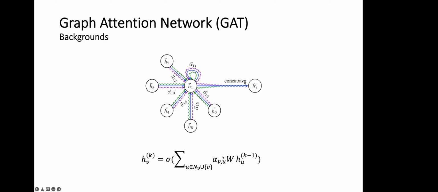And then we multiply alpha with the message of each node. So we take the weighted sum, the weighted average, of the node itself and its neighbors. And then we pass this value to the sigma function, which can be a nonlinearity activation layer. So this is the graph attention network.